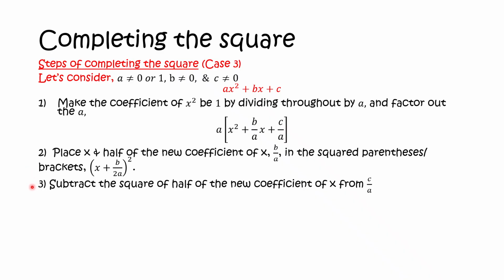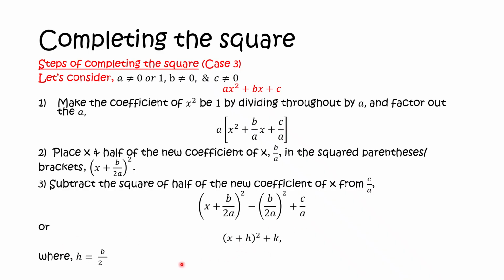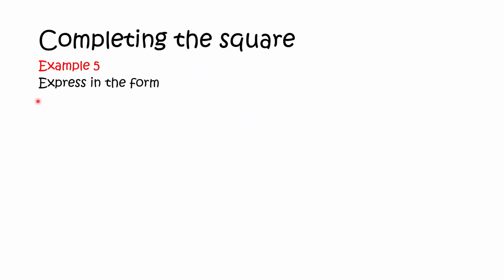Subtract the square of half of the new coefficient of x from c over a, so that we have x plus b over 2a squared minus b over 2a squared plus c over a. Or, in short, x plus h squared plus k, where our h is b over 2a and our k is minus b over 2a squared plus c over a.